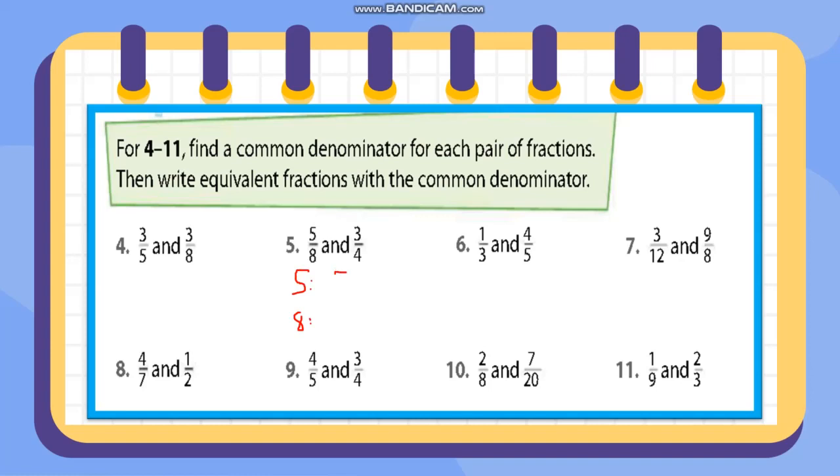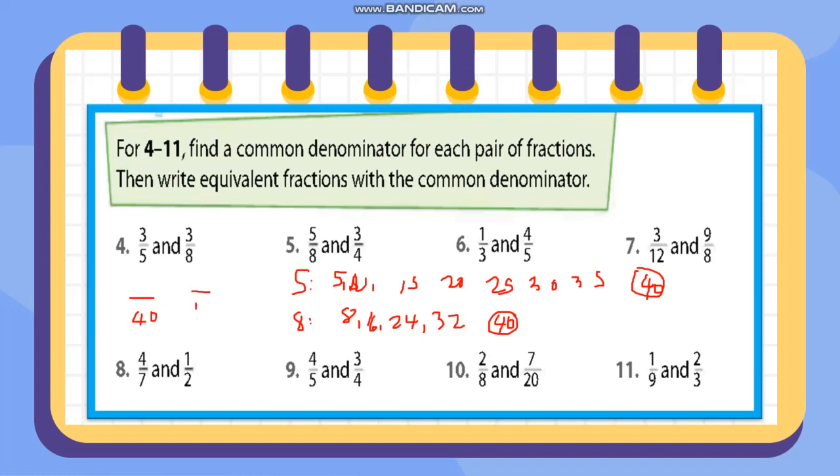Then skip counting: 5, 10, 15, 20, 25, 30, 35, 40. Then 8, 16, 24, 32, 40. So the least common, the first one in common, is 40. So I'm going to use 40 as my common denominator.